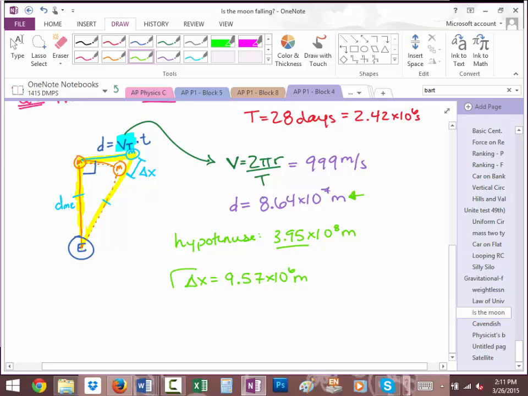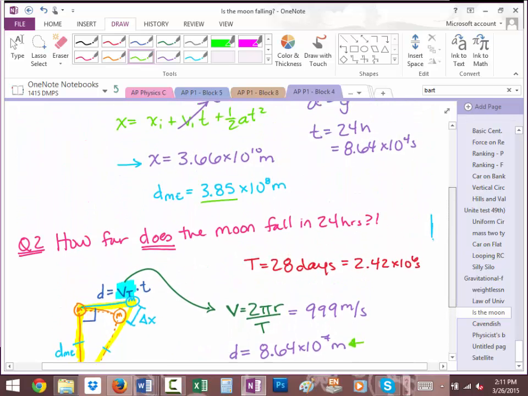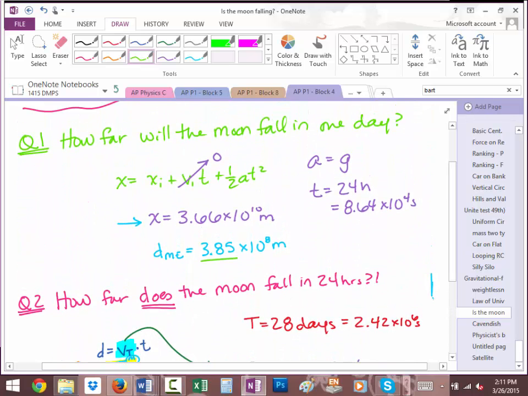So is everybody okay with this delta x here? So now we know that this is how far the moon falls. And if you know this is how far the moon falls, then I'm going to just scroll up here for a moment. Use this information or this approach that we used earlier to figure out what the acceleration actually is.